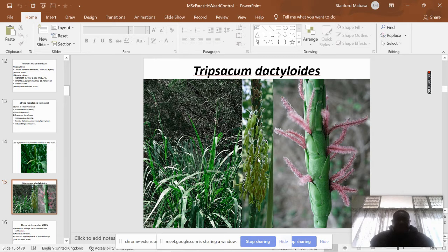This is Tripsacum dactyloides, which also possesses genes for Striga resistance.